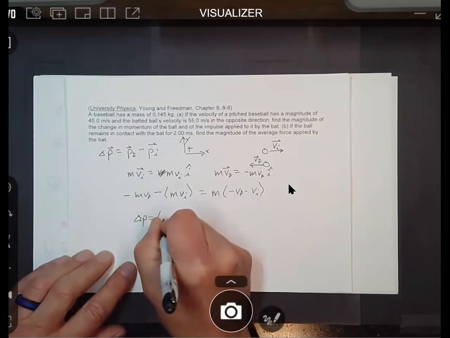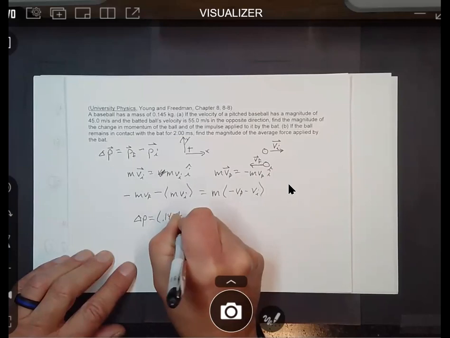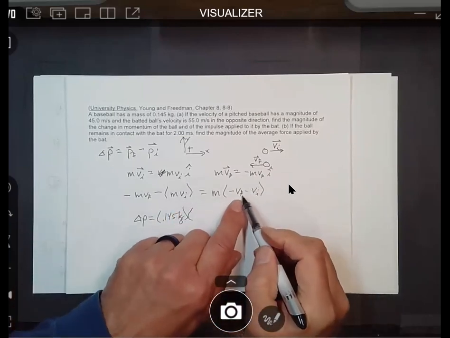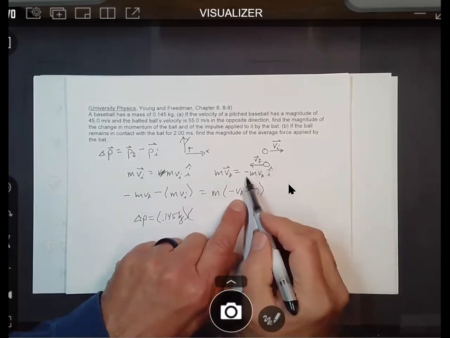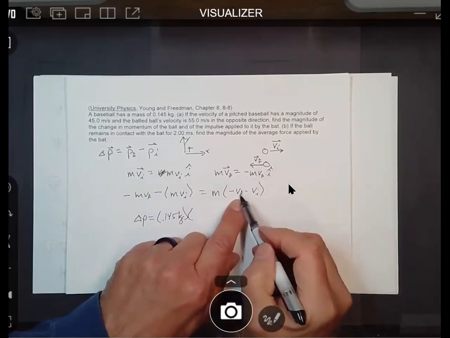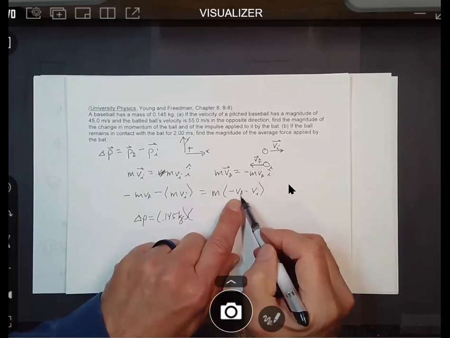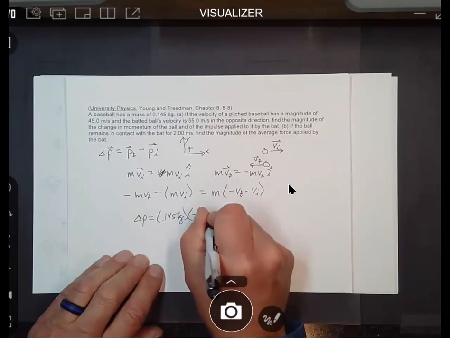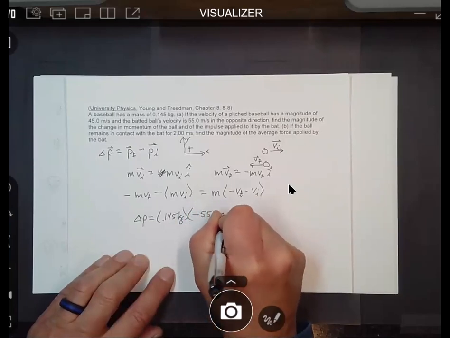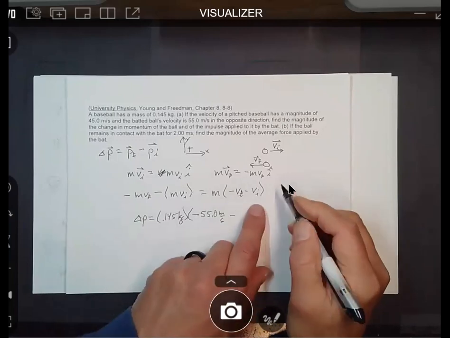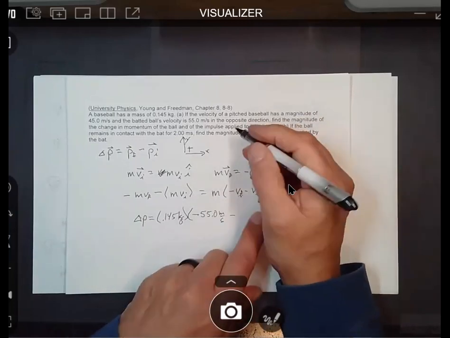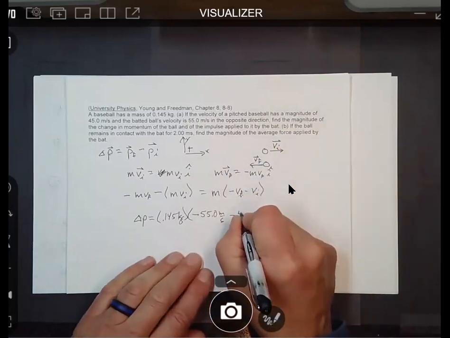the mass, 0.145 kilograms, times v final, since I had put a minus sign out here to indicate its direction already, this will be minus 55 meters per second. And then minus the magnitude of that initial velocity, which was 45.0 meters per second.